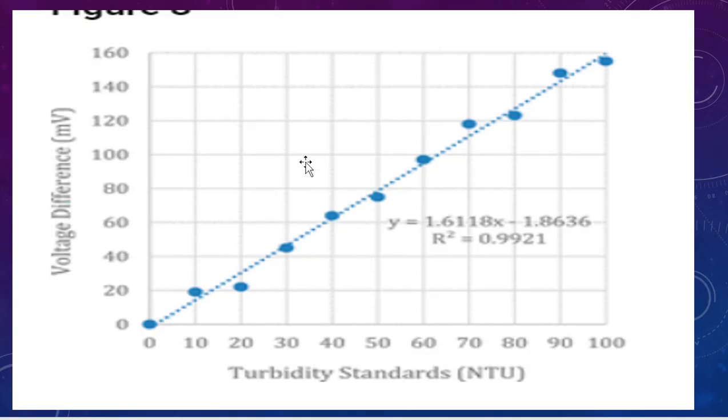For the nephelometer, this graph is used. In this graph, the voltage varies linearly with the NTU, because as the turbidity increases, the concentration of the solution increases. As the concentration increases, the light will be more scattered, and more scattered light creates more voltage. We can see that in this graph.